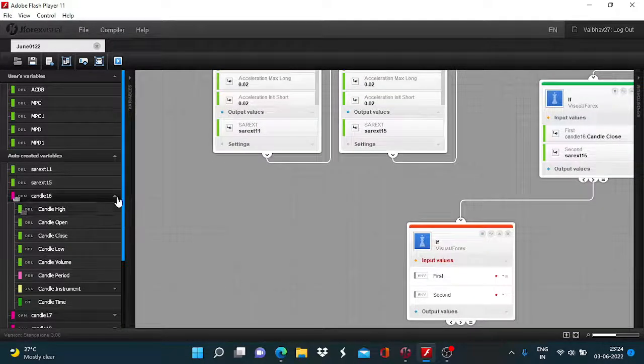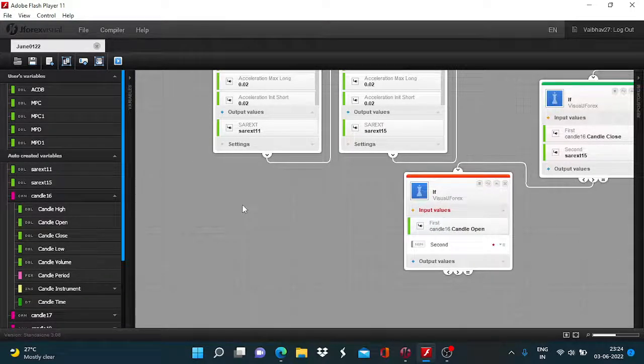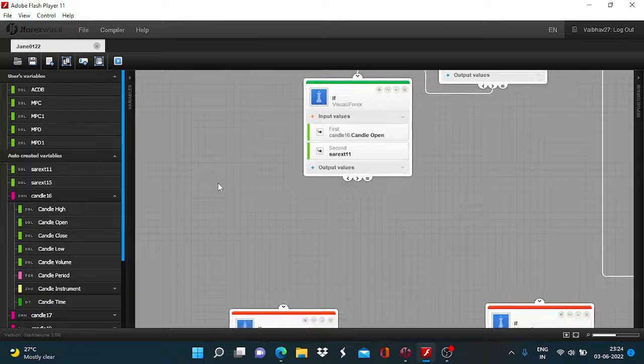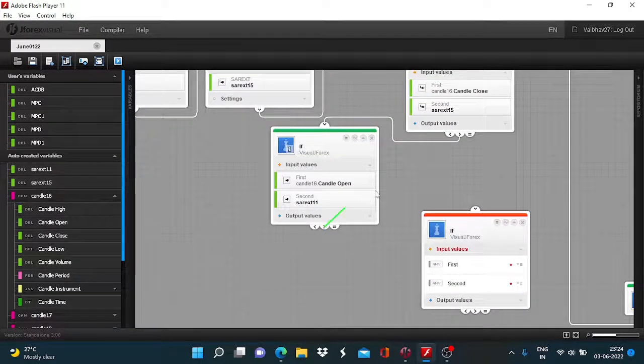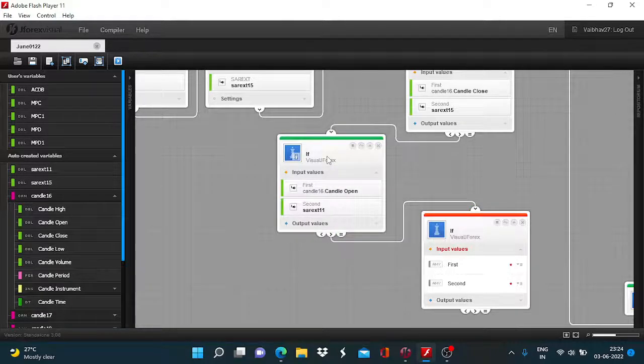Then again we compare candle 16's open price with last hour's parabolic SAR extended output, which is SAR extended 11. This one too needs to be higher, so first input again greater than second input.